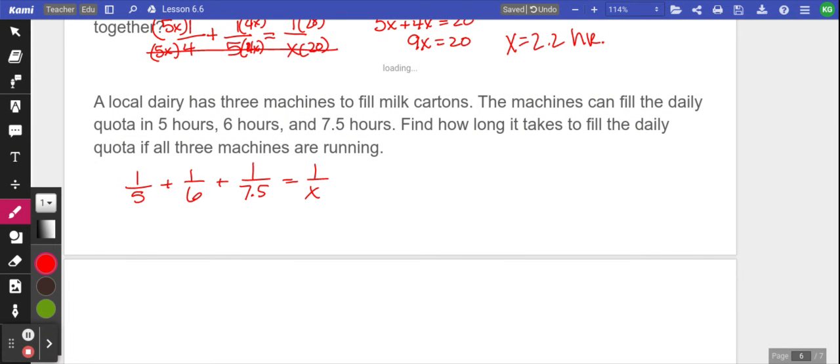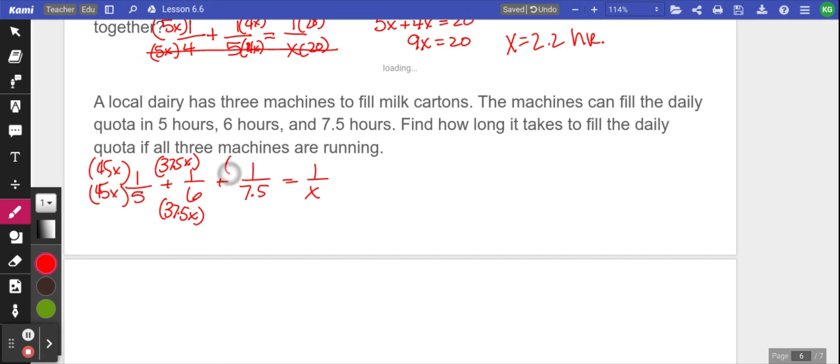And my common denominator is going to be, I'm just going to do 5 times 6 times 7.5. 225. So this one, to get to 225, would be 45x. 225 divided by 6. This would be 37.5x. 225 divided by 7.5.